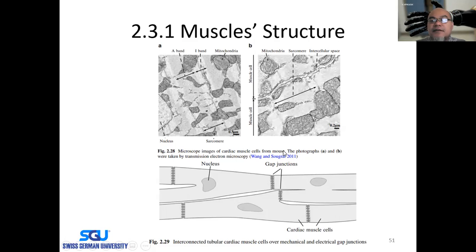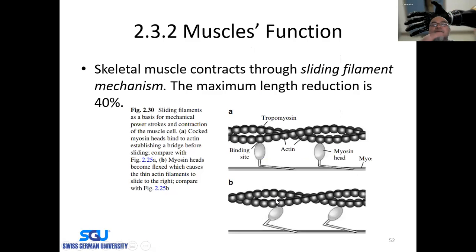So if we make a model illustration of this microscope image, it looks somewhat like the picture in the bottom part. As we mentioned yesterday, muscular function starts from the nanoscale level.